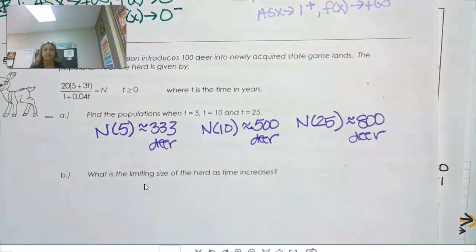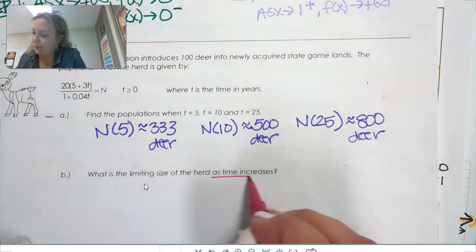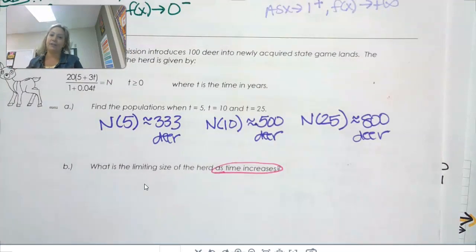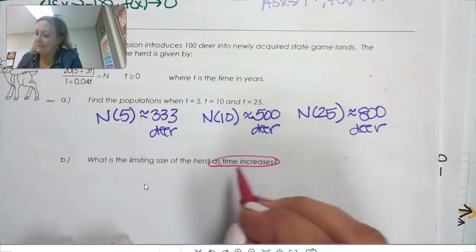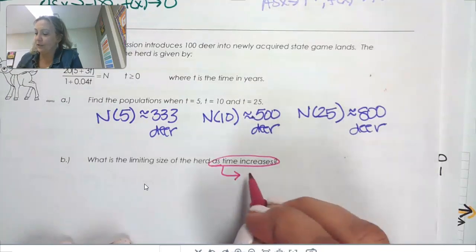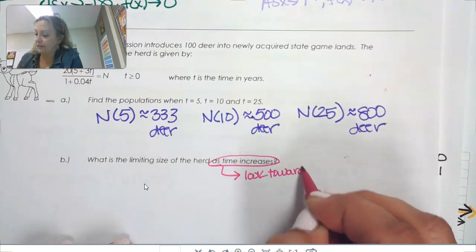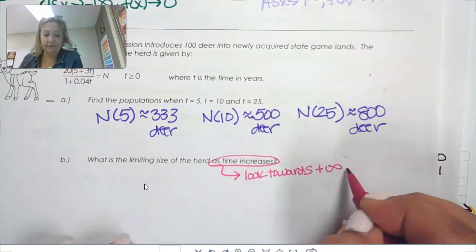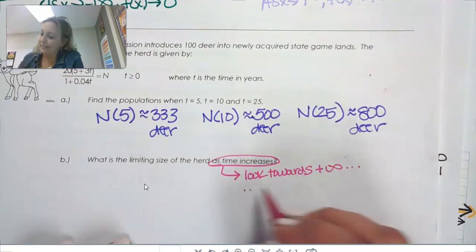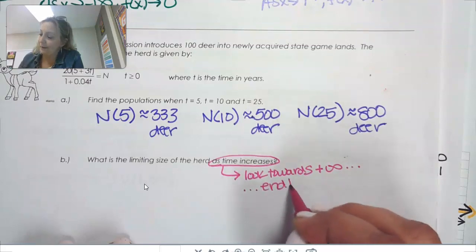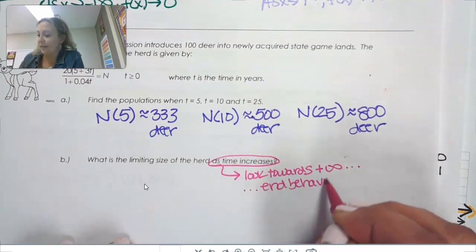Letter B says, what is the limiting size of the herd as time increases? Well, here's the thing. This is looking at what happens as time increases. As time increases, what we're going to do is look towards positive infinity, right? So that means that this is really asking about the end behavior.